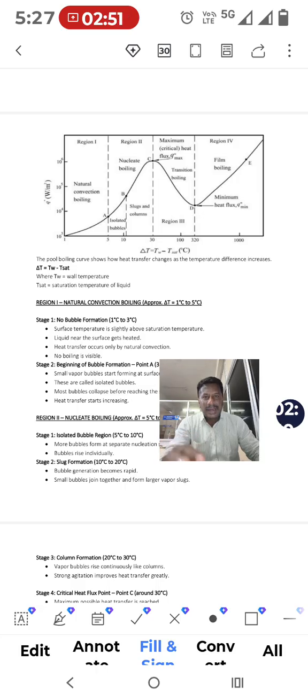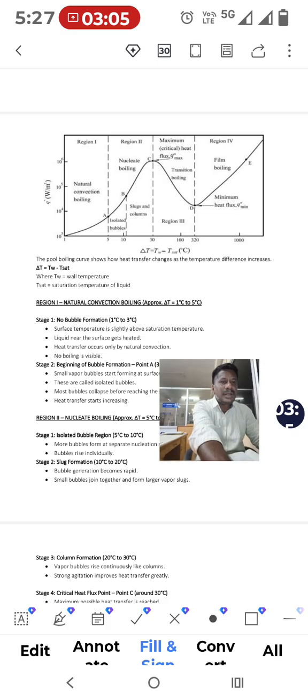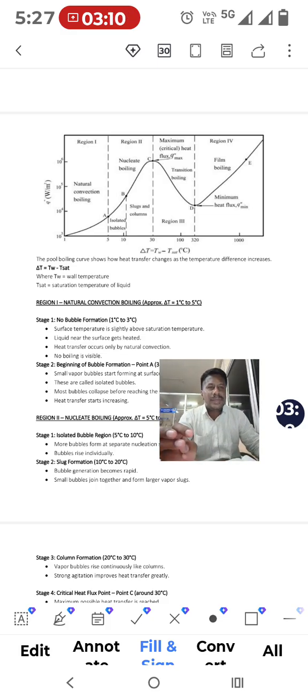In this diagram, the x-axis is the change in temperature and the y-axis is the heat flux, measured in watts per meter square. The change in temperature, delta T, is the difference between the wall temperature and the saturation temperature of the liquid.